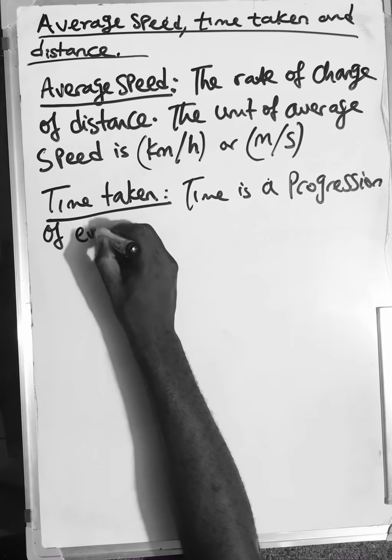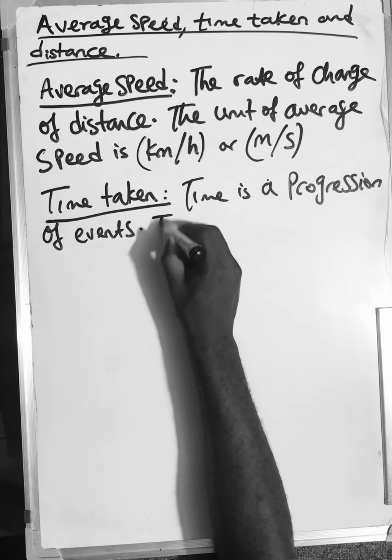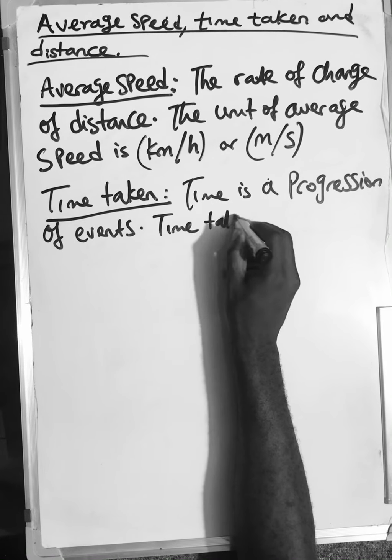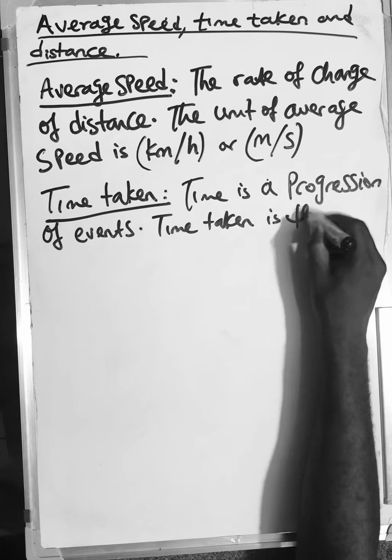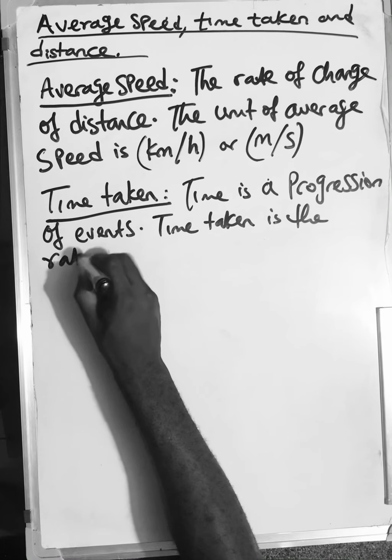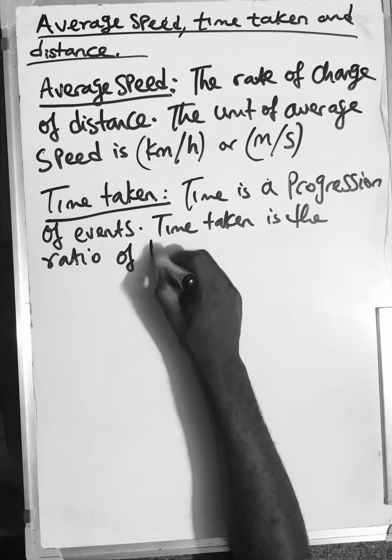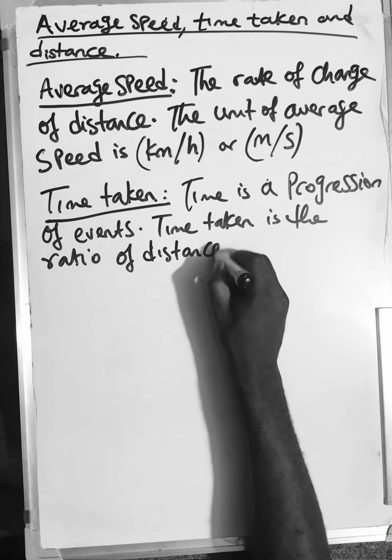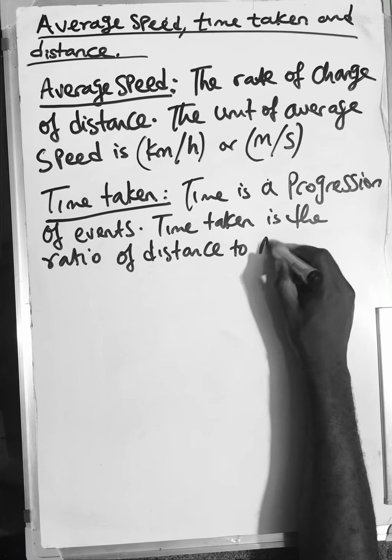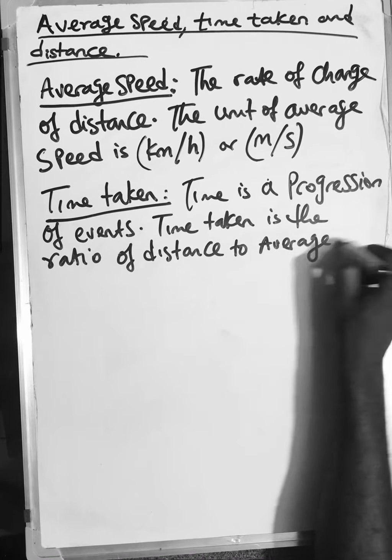Time taken is the ratio of distance to average speed.